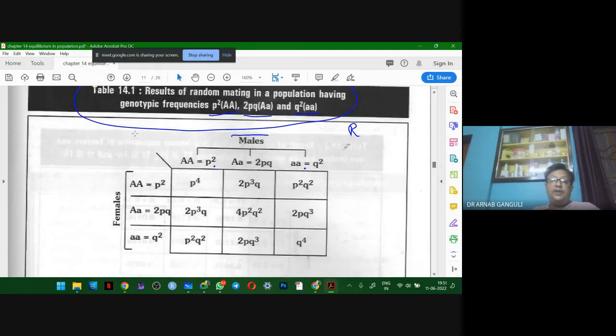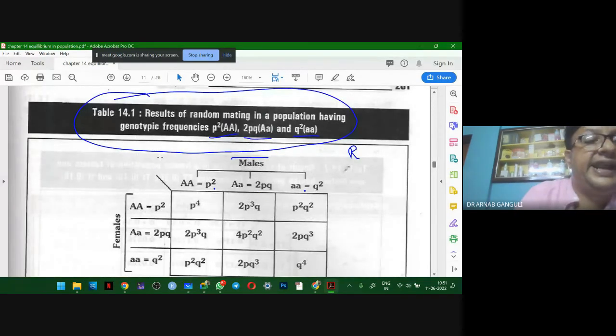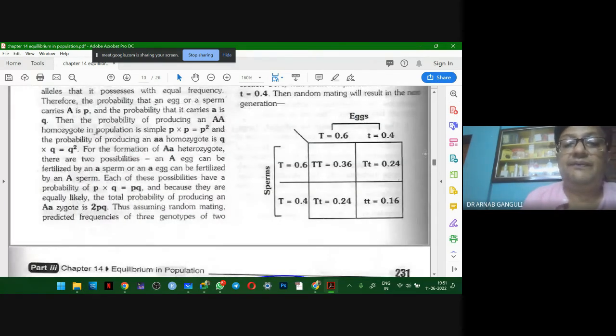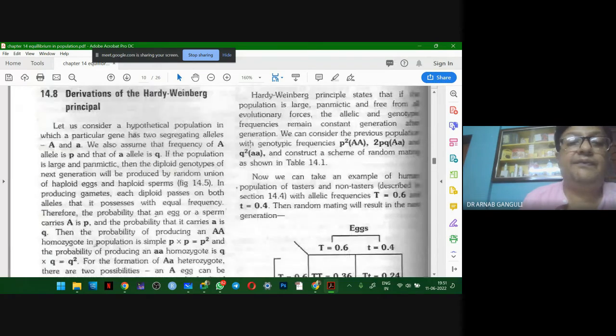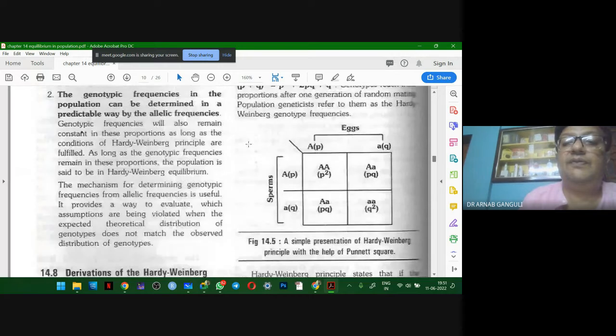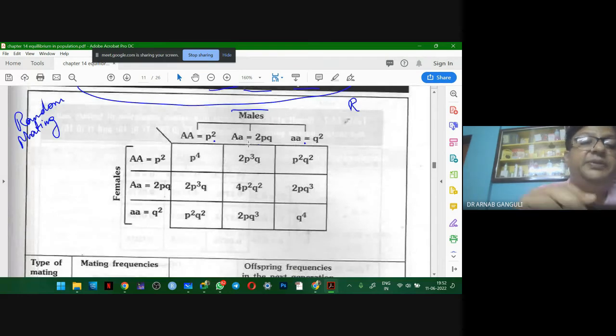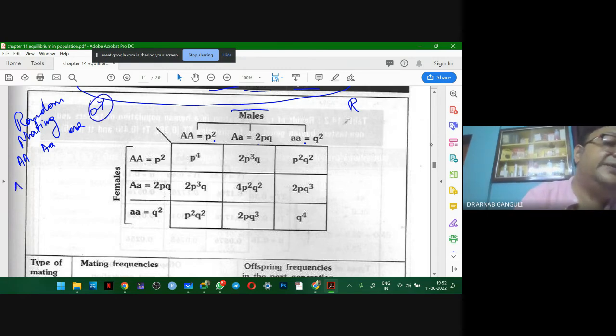So now this is, like I said, a random mating. Random mating taking place between the genotypes AA, Aa, aa.